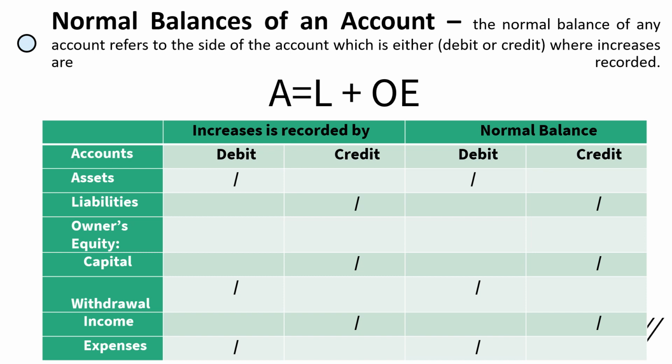Income has final effect of increasing capital, so its normal balance is credit just like capital, and its increases are recorded on the credit side. Expenses have a final effect of reducing capital, so its normal balance is debit side, and its increases are recorded on the debit side.